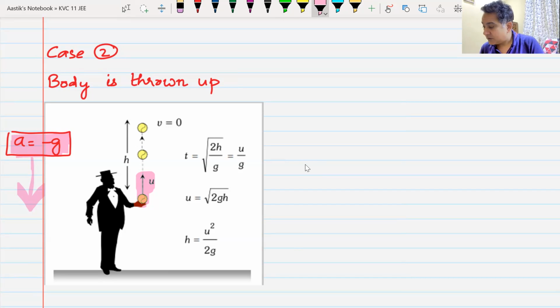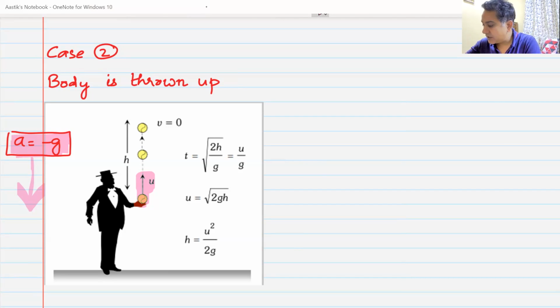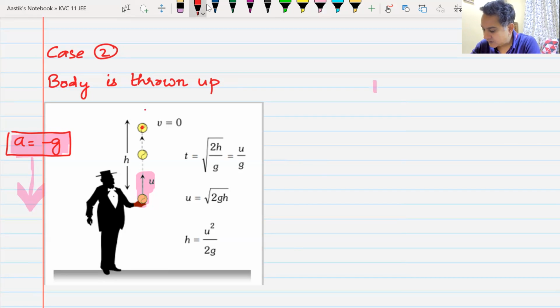If I call the highest point as point A and the lowest point as point B, there is something that we know not directly but indirectly. What is that thing that we know indirectly? It is this. This point A happens to be the highest point.